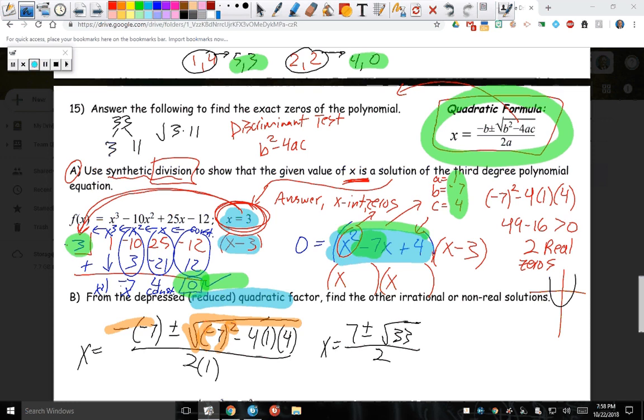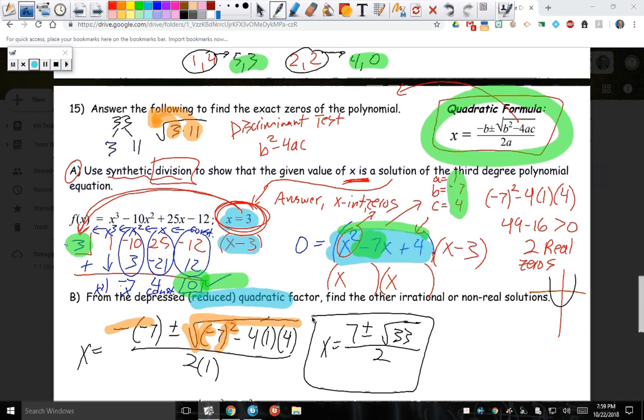But we are noticing that we're not going to be able to bring out the square root of 3, because we don't know what the square root of 3 is. And we're not going to be able to bring out the square root of 11, because that's not like a whole number integer. So this would be, in fact, the factors that we would get for our answer, because we can't simplify it any further.